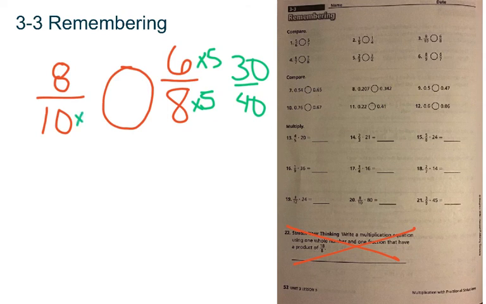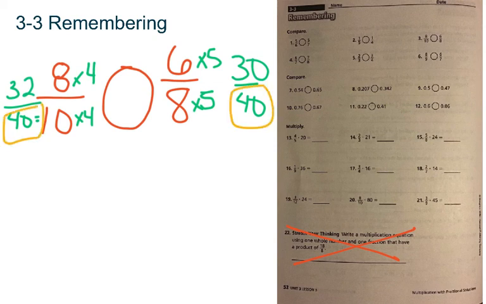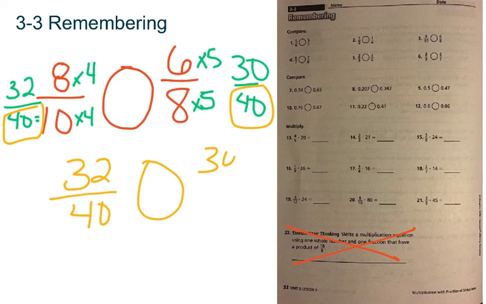So 10 times 4 is equal to 40. Then I have to multiply the top, or the numerator, by 4 as well, and 8 times 4 is equal to 32. Now I have a common denominator of 40 on both sides, and I'm now comparing 32/40 to 30/40, and I can see that 32 is larger than 30.